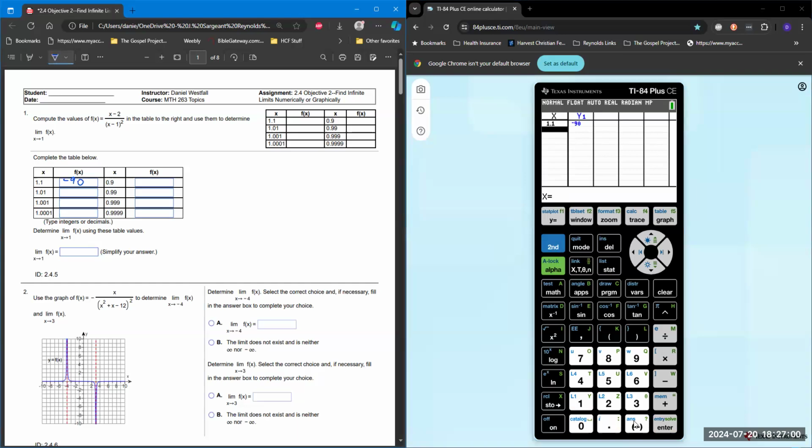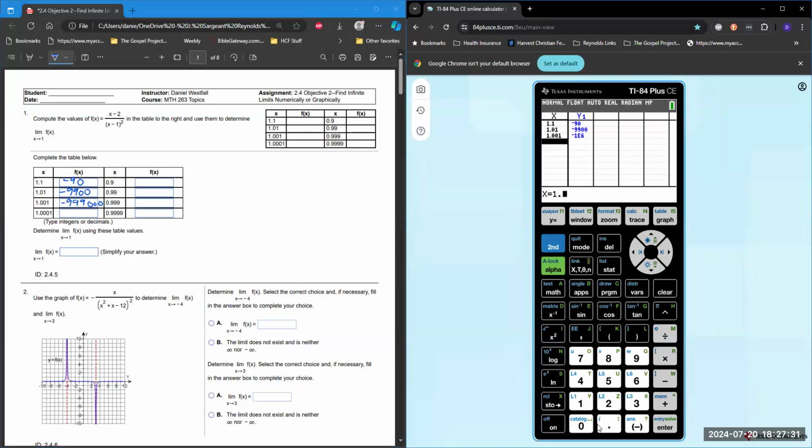Let's put in 1.01. We get negative 9,900. 1.001, we get negative 999,000.